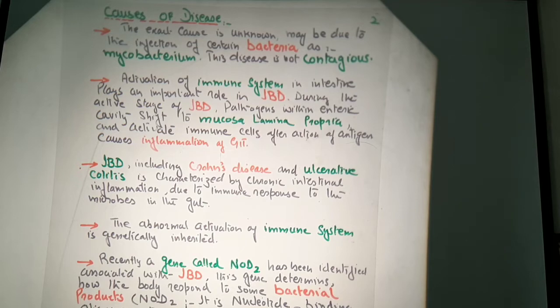Now, activation of the immune system in the intestine. I just told you that the drugs used in the treatment of inflammatory bowel disease work by suppression of the immune system. The activation of the immune system in the intestine plays an important role in inflammatory bowel disease, so we have to use drugs that suppress this activated immune system.